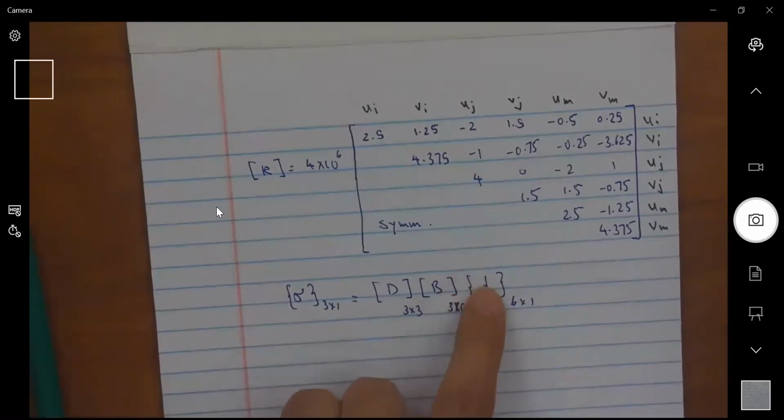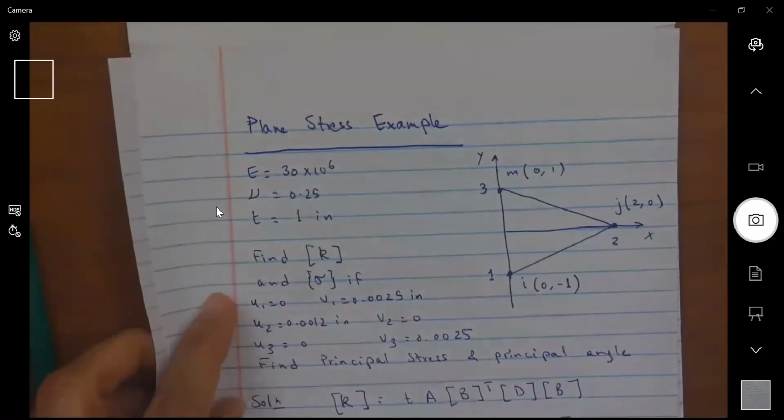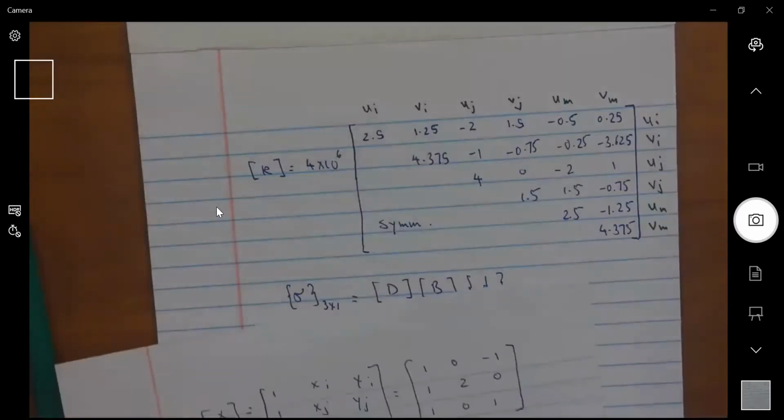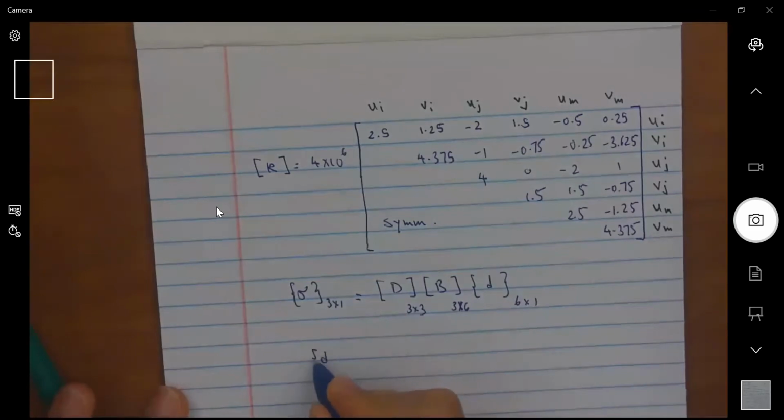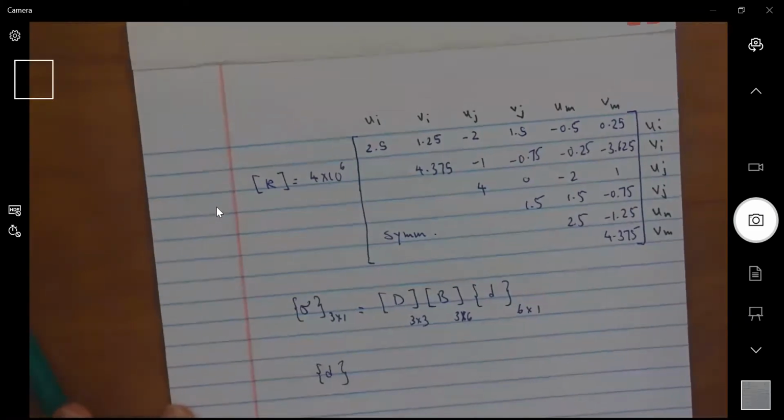We are given the displacements. The displacements are given in the statement of the problem. We just evaluated D and B. So the only thing that is missing here is to put d, and I can write d using the displacements that are given.